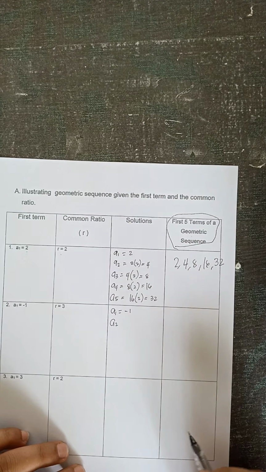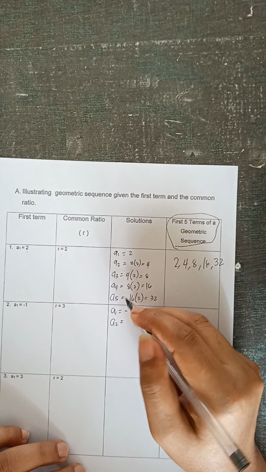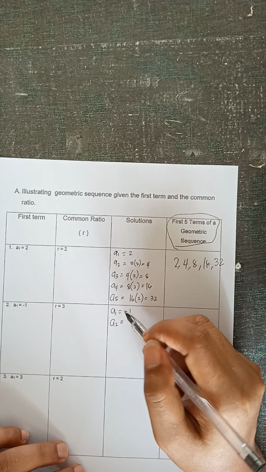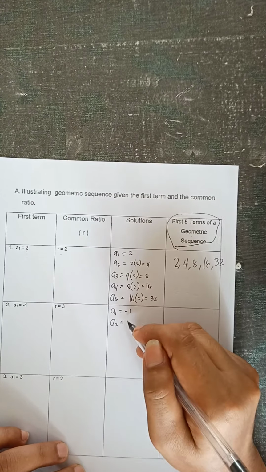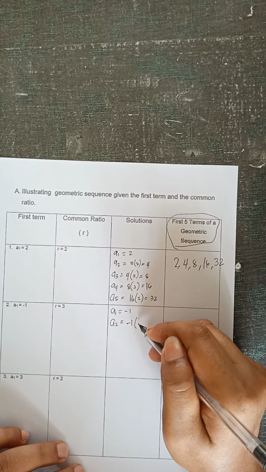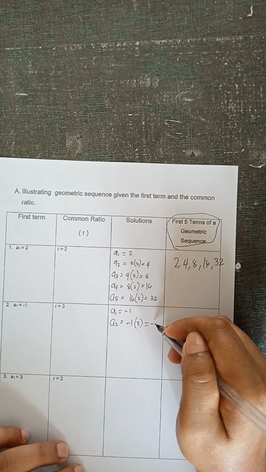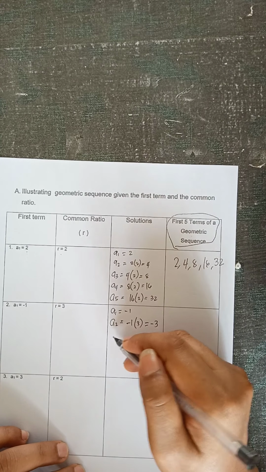A sub 2, to obtain the a sub 2, we're going to multiply the preceding term times the common ratio. Ang preceding term niya is negative 1 times the common ratio, that is equal to 3. So our second term is equal to negative 3.